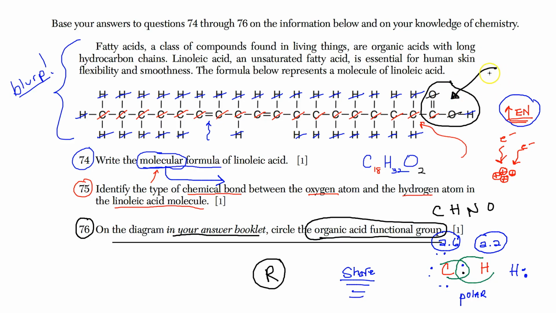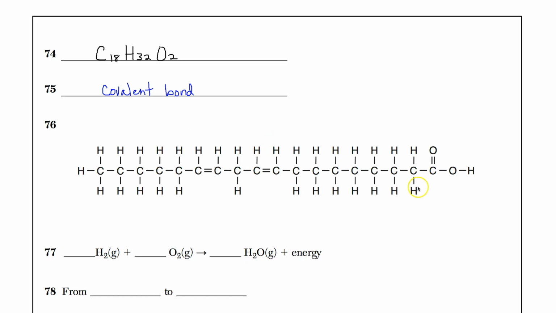Structure is king. Let's go on to number 76 in the answer booklet, and let's look for, okay, that functional group. So in our booklet, we have a functional group. So looking for the arrangement of carbons, oxygen, hydrogens that give this molecule unique properties. Some people think it's the bonds between the carbons, and this gives it that ene. This makes it unsaturated.